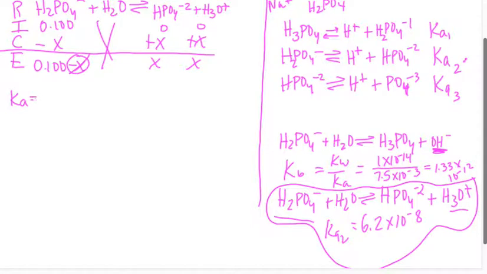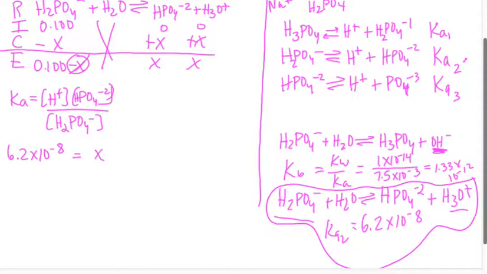Ka is equal to H plus times HPO4 minus 2 divided by H2PO4 minus. So we get 6.2 E negative 8 is equal to X squared over 0.1.